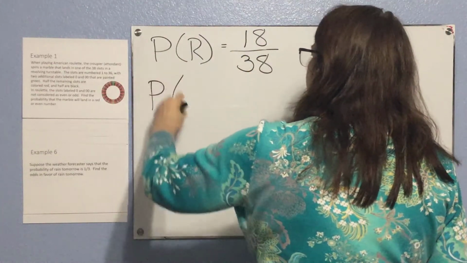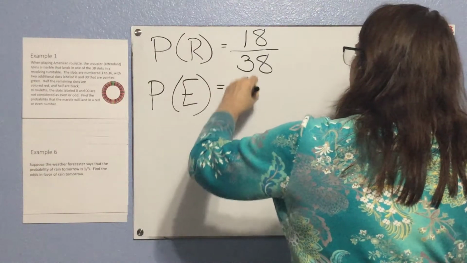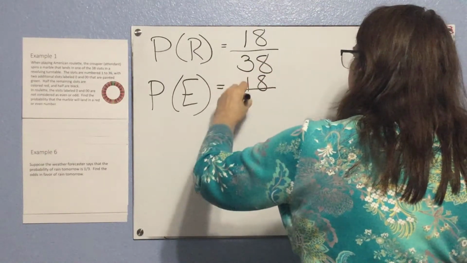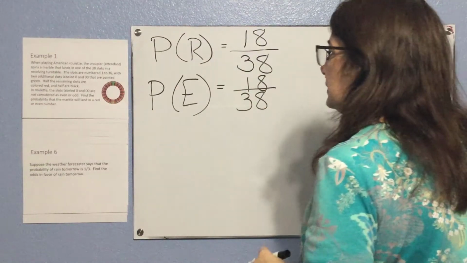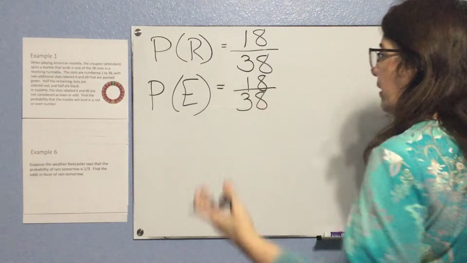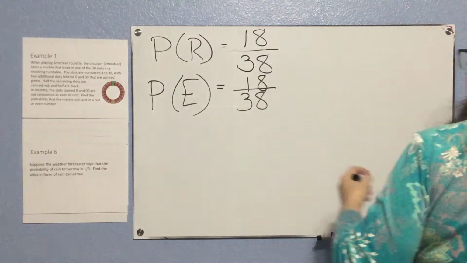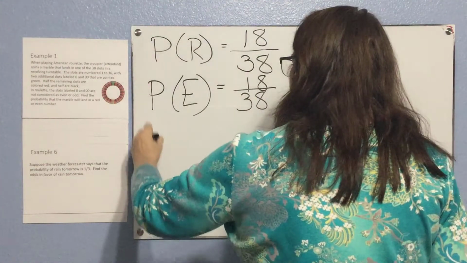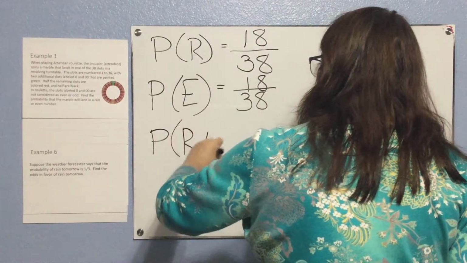And the probability of an even number, also 18 out of 38. Okay, but red and even are not necessarily the same.